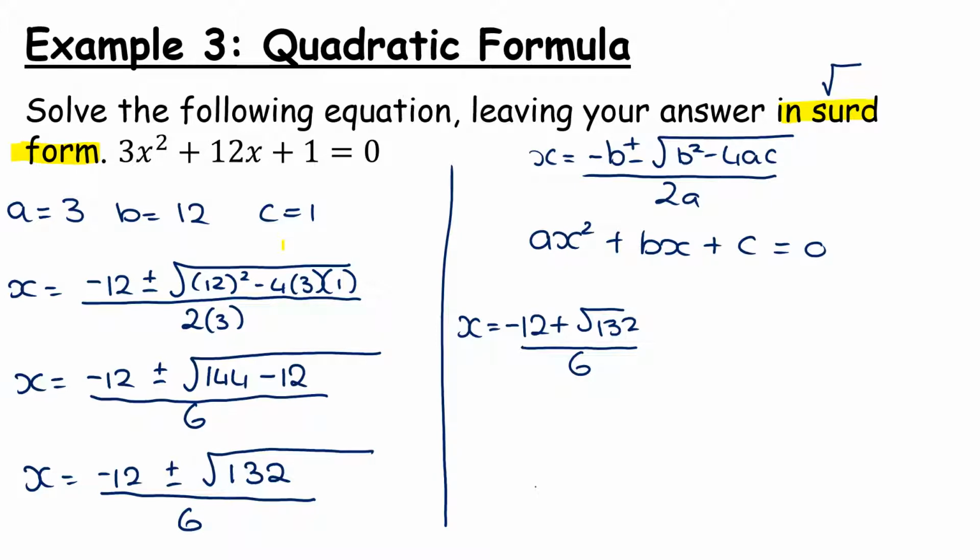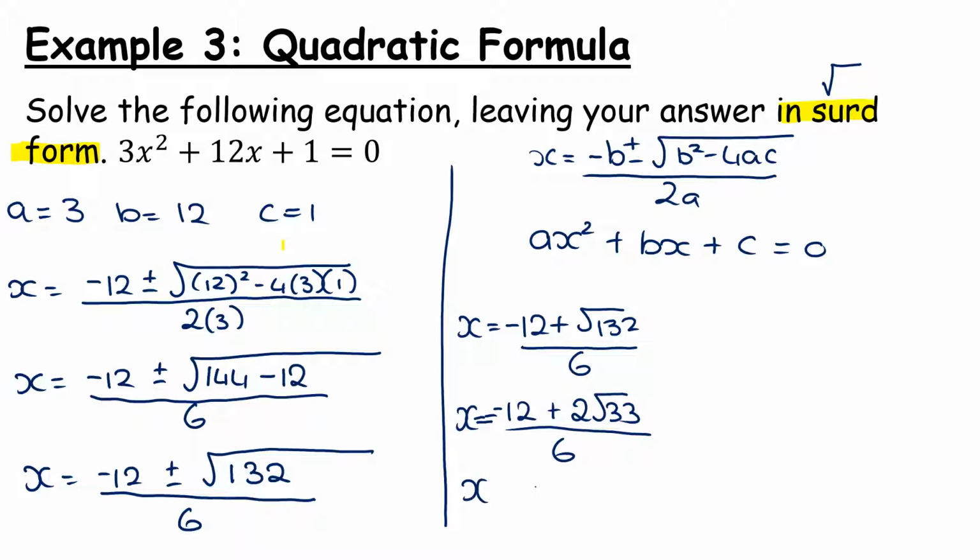So instead of putting this into our calculator to get the answer in decimals, we have to remember that they've asked for it in surd form. So if we look at this, we get minus 12, and the square root of 132 actually simplifies to 2 root 33, and that's still over 6, and that can be simplified a little bit more.